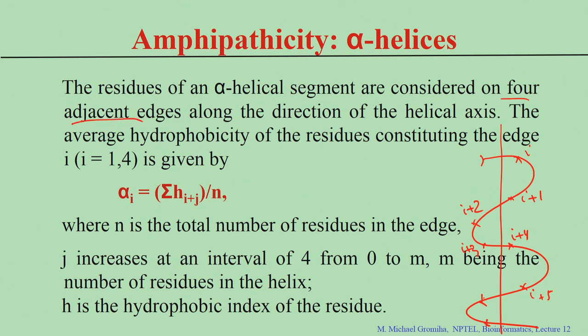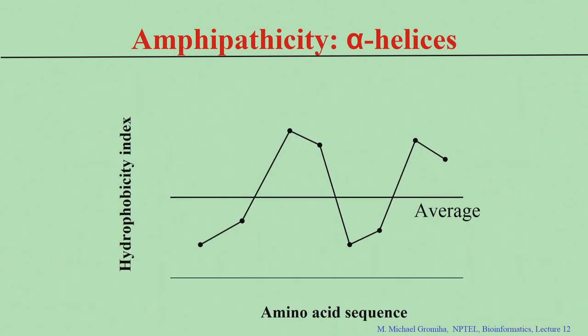Then you can calculate the average hydrophobicity of each edge. For example, if you take this, plus same is here, same is here. So, you can see i plus j with the interval of 4 and see how many residues are in that particular place. For example, if you see this periodicity, this is i, this i plus 1, i plus 2, i plus 3, i plus 4 and i plus 5.